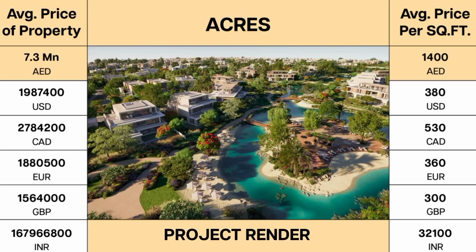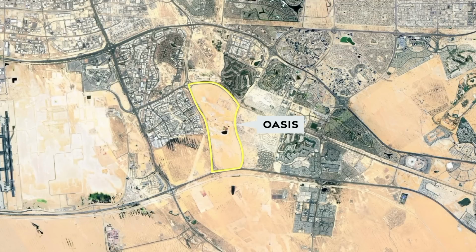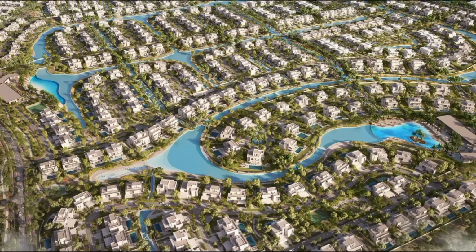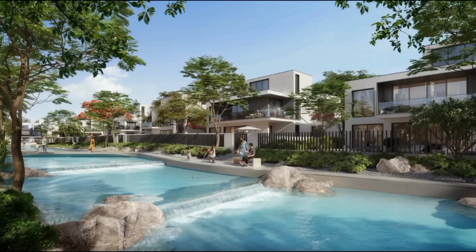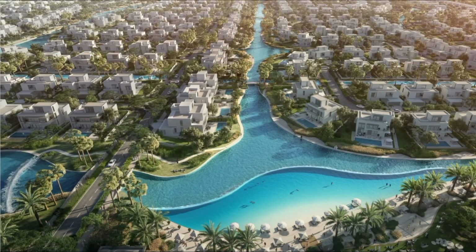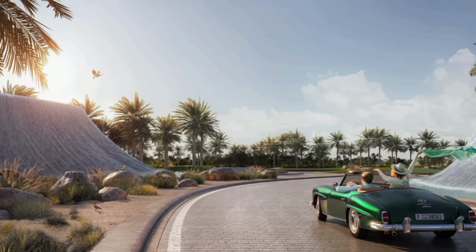Next up is Oasis, the brand new master plan by Emaar, a massive 9.3 square kilometer development which features only villas and mansions built around flowing water bodies. It is one of the most prime new developments by Emaar where they are investing around 20 billion US dollars.